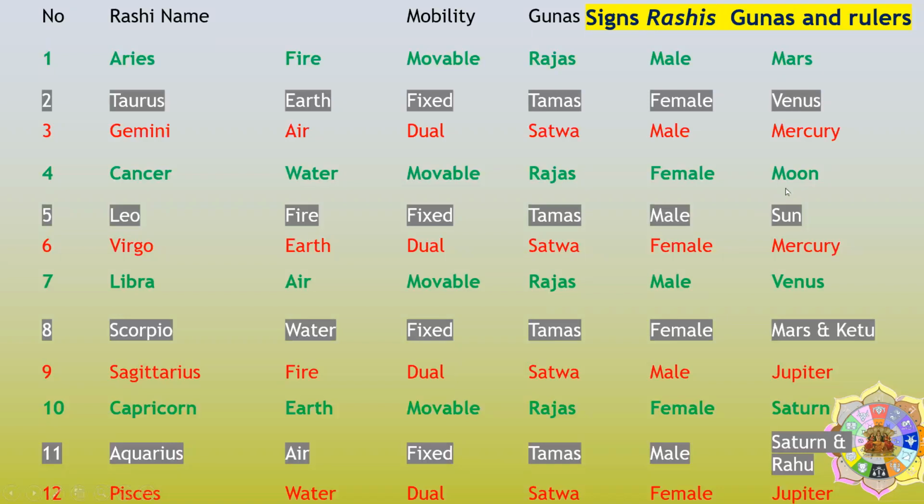But how come then that Cancer should be a Rajas Guna? Actually, even though the Moon is a Sattva planet, the sign of Cancer, because it's a cardinal, movable sign, is very, very Rajasic. It always wants to achieve, it's full of desires, it wants to keep going ahead.